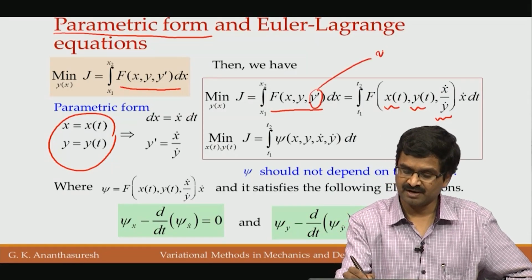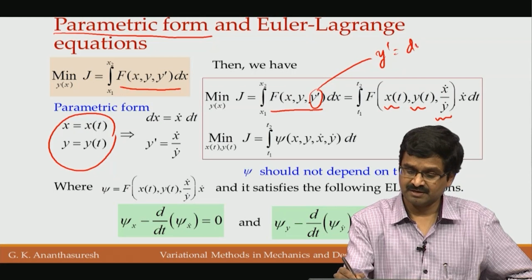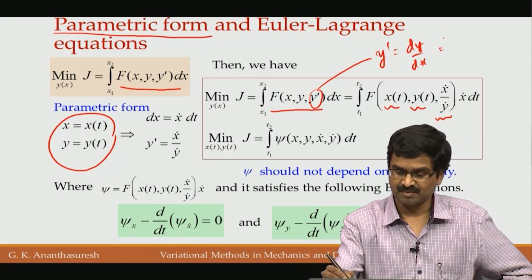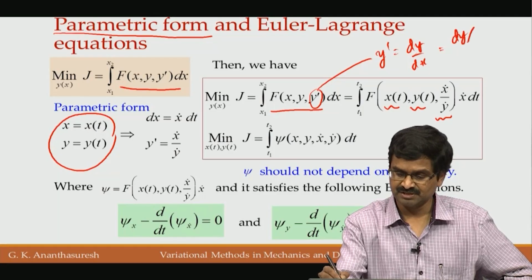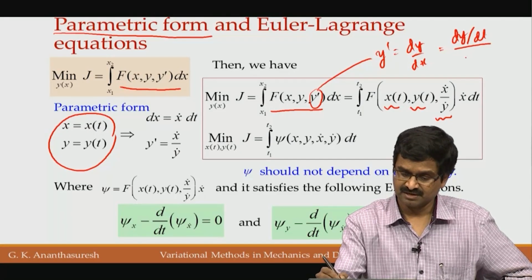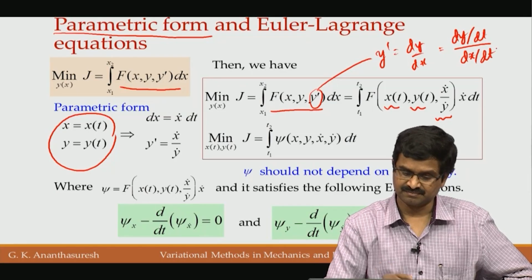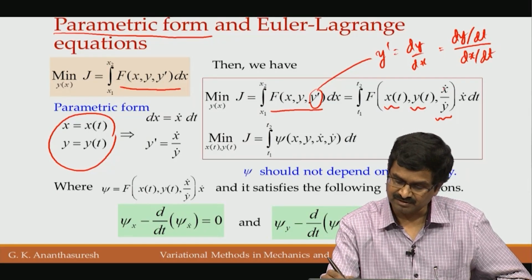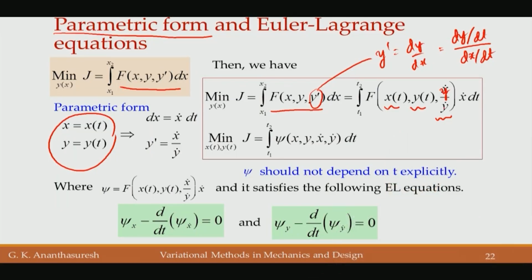So, y prime is dy by dx, but you want to divide and multiply by dt, so dy by dt divided by dx by dt. In fact, it should be the other way around. This should be y dot by x dot, because that is dy by dx. So, just make that correction over there.